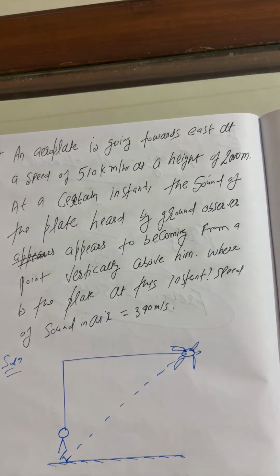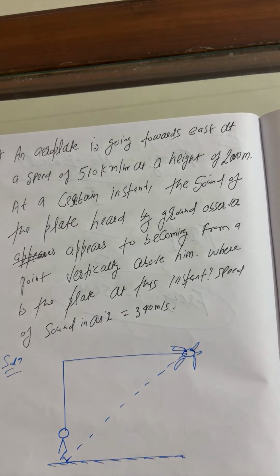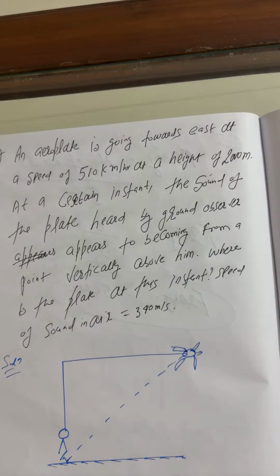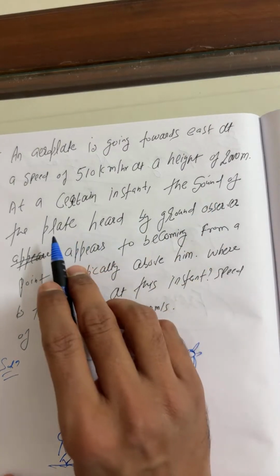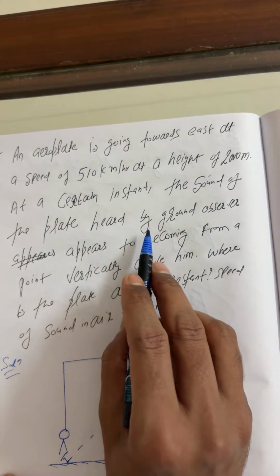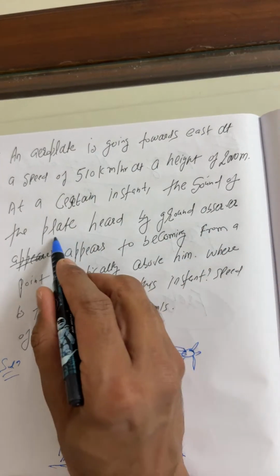So the aeroplane is going towards east at a speed of 510 km per hour at a height of 2000 meter. At a certain instant, the sound of the plane heard by a ground observer appears to be coming from a point vertically above.